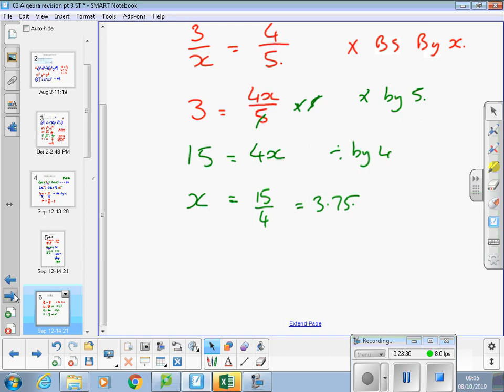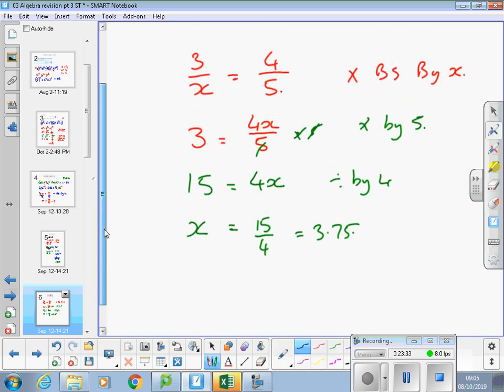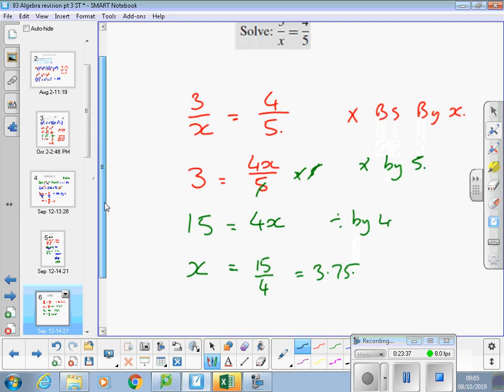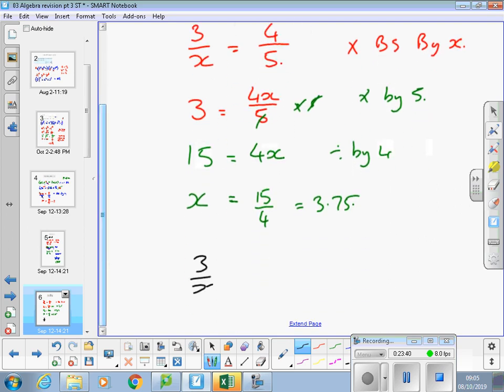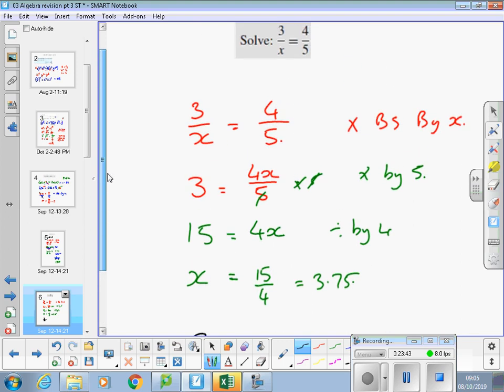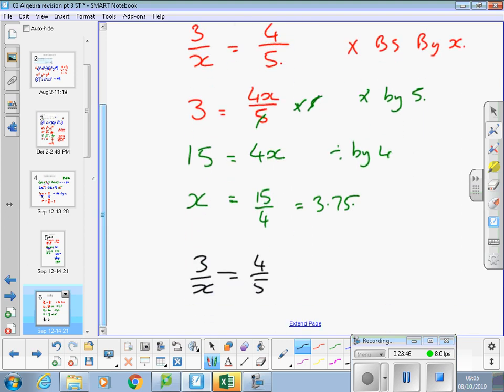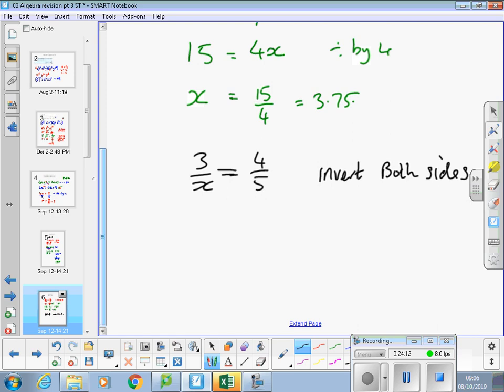Now, just going to go back to the problem. And this one's not tricky to do like that. 3 over x is equal to 4 over 5. When the term that you want to find is on the bottom of a fraction on its own, there's a quick way that you can deal with that. You can invert both sides.